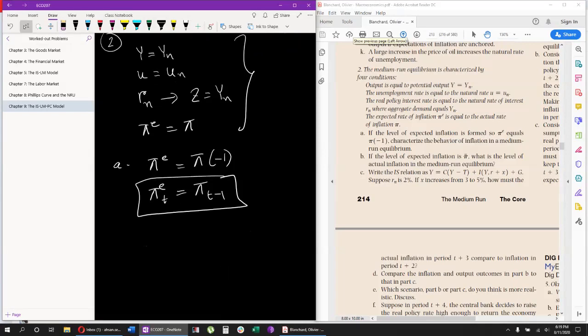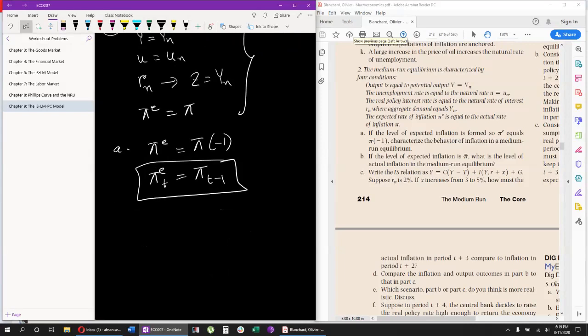All we have to do is write down the equation that we have when we express the Phillips curve in terms of output. We get this: change in inflation is equal to alpha by L times Y minus YN.